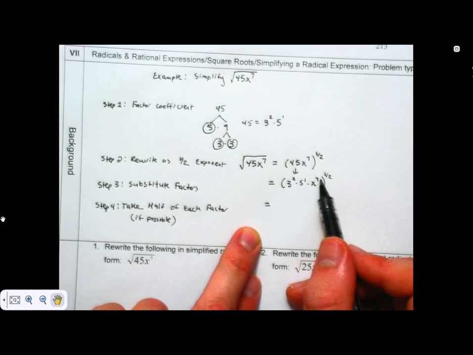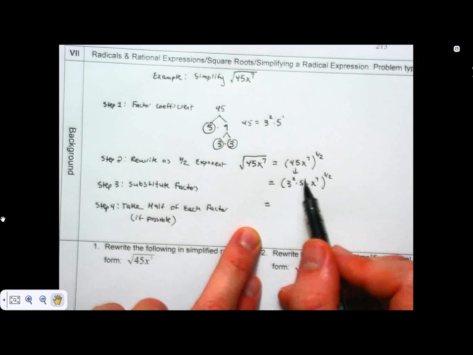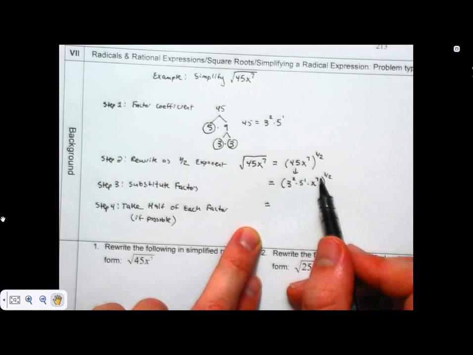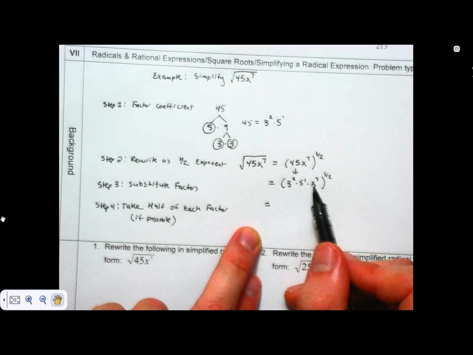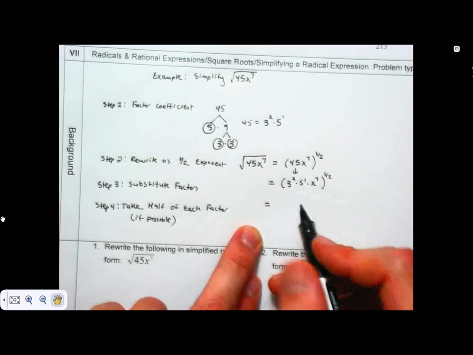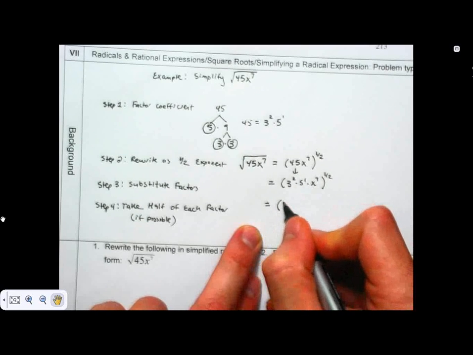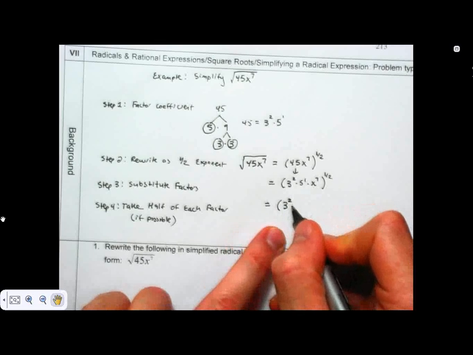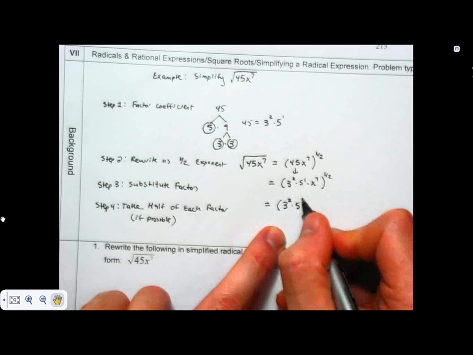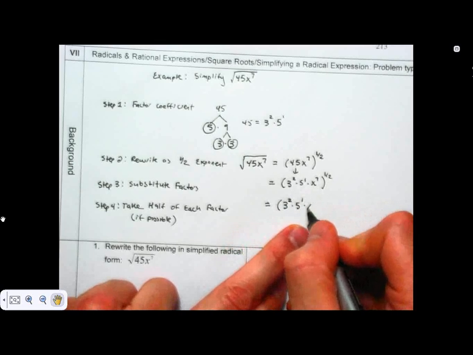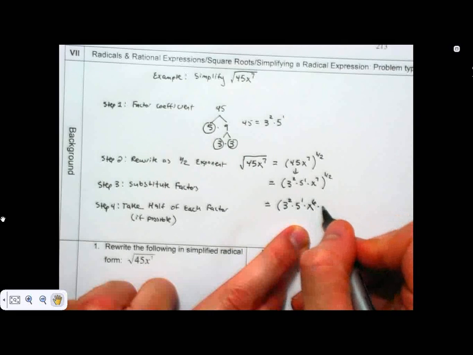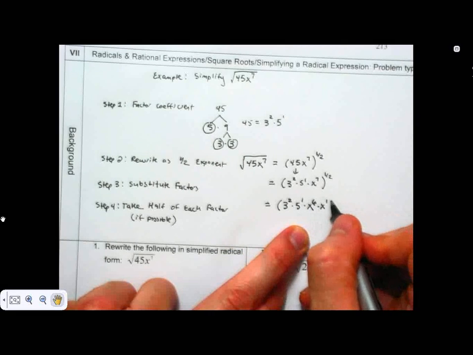So that means I can't really do anything with a 1 power because that literally means I just have one factor of 5. But if I have 7 factors of x, I'm going to break those up a little bit. And instead of writing them all together, I'm going to break that up into 6 factors of x times 1 factor of x.